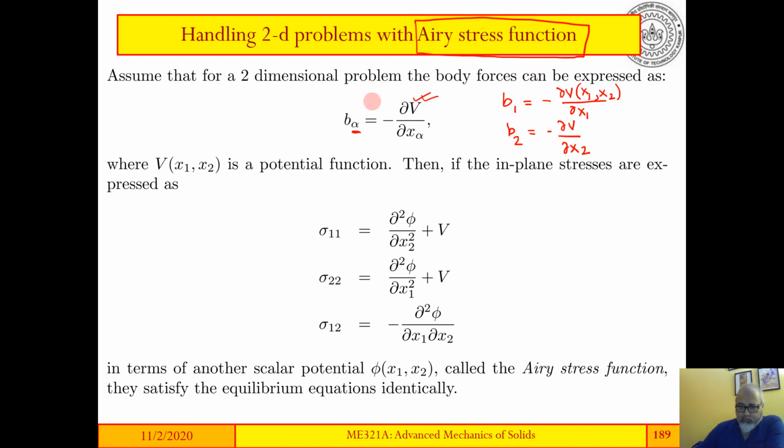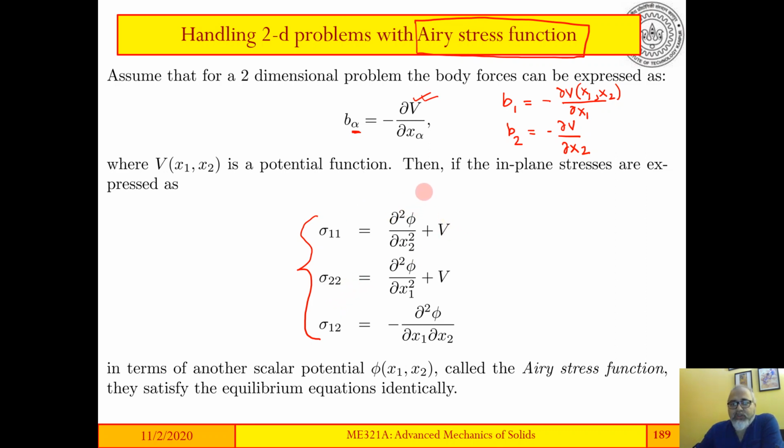Then the idea of Airy is that the three relevant stress components are sigma 11, sigma 22, and sigma 12 for a plane stress or plane strain problem. For a plane strain problem, of course, sigma 33 is there, but that's not independent. So these are the only three independent components of stress in both plane stress and plane strain.